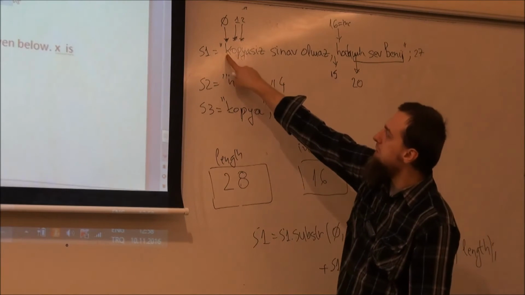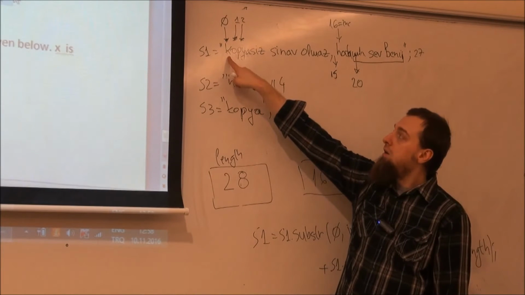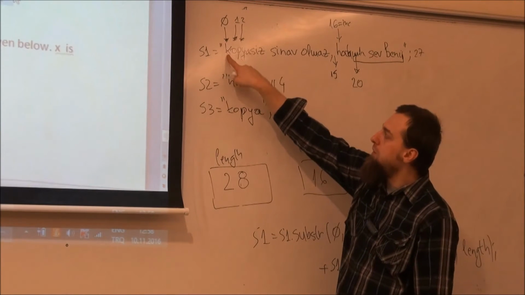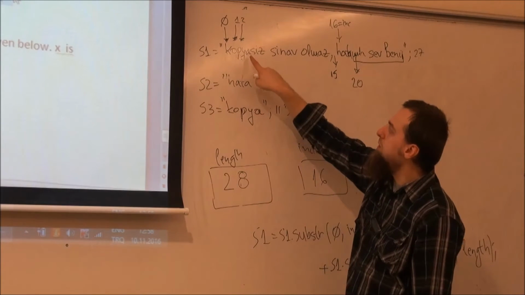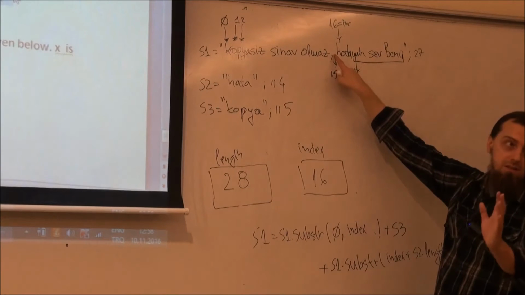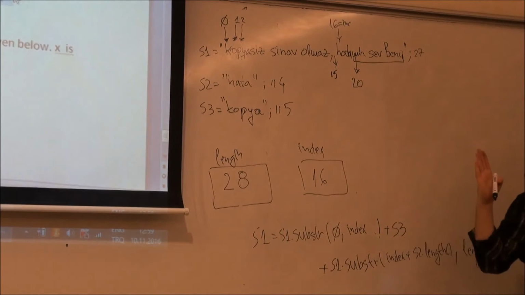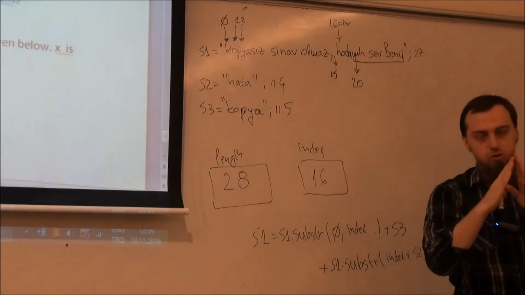I start from the 0th character and I take 16 characters and return them. So I start from here and I take 16. 1, 2, 3, 4, 5, 6. 16 is up until this empty space, let's say. Okay? So this plus is used to concatenate, to merge two strings.